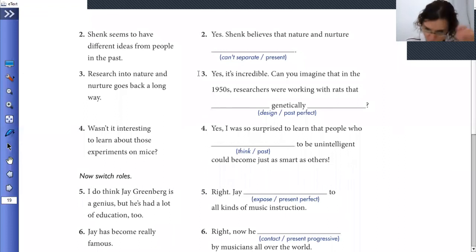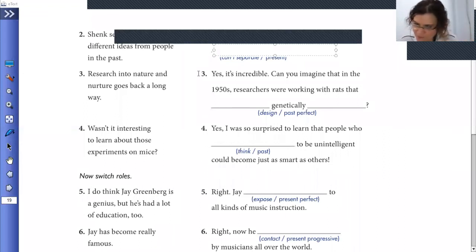Number 2, we've got can separate, prevent. So yes, Schenk believes that nature and nurture can't, it stays the same, right? And then it's the present tense. Now, what you need to understand is whenever you use the modals can or could, you add be. Does that make sense?